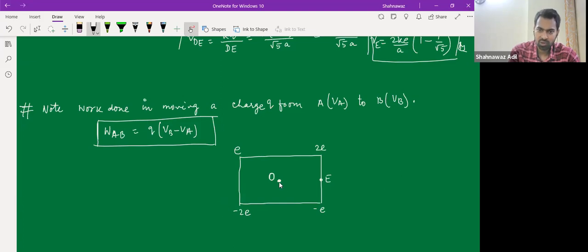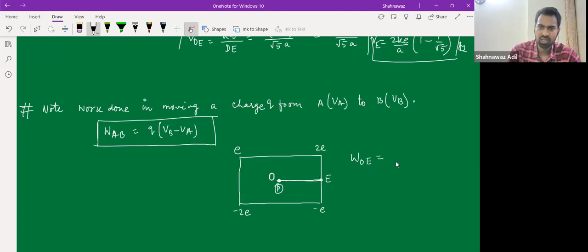We want to calculate the work done in bringing or moving a proton. Let's say there is a proton here, and we want to move this proton from O to point E, from here to here. So we want to calculate the work done in bringing the proton from O to E.